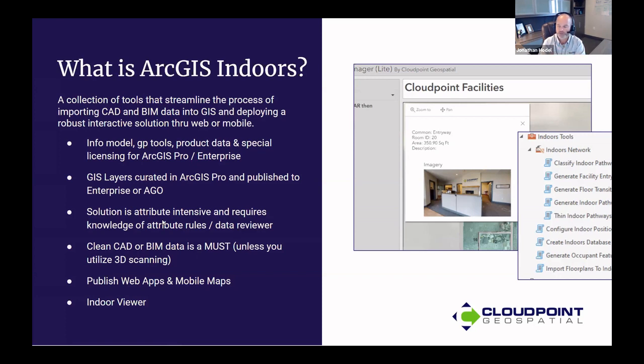It also includes standard GIS layers, which we'll look at, that are part of the solution. The idea is you curate data in ArcGIS Pro, populate your different layers, and then publish those to web maps, which can be consumed primarily in the Indoors viewer, which we'll look at. That's Esri's configurable web app that comes with the Indoors solution, and it's a very nice template and web app. One of the important things is that when we import CAD data, it must be clean, and that's very important.